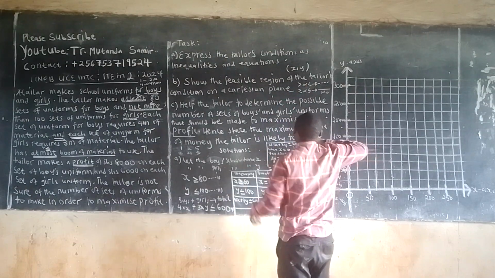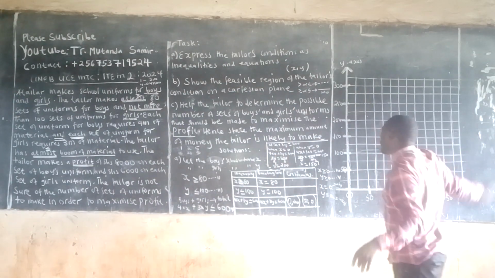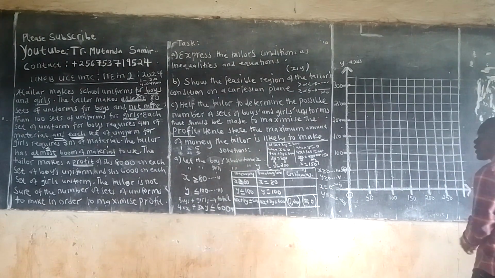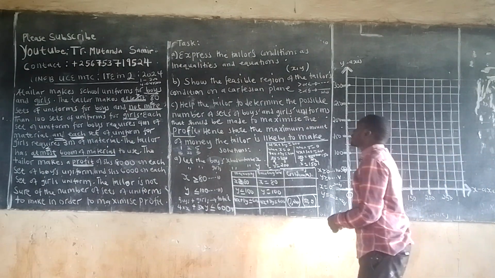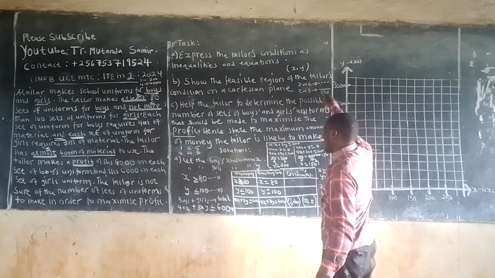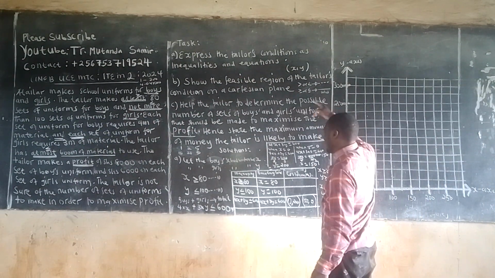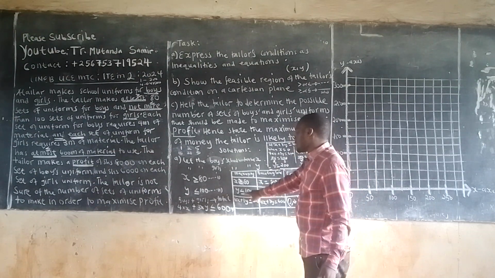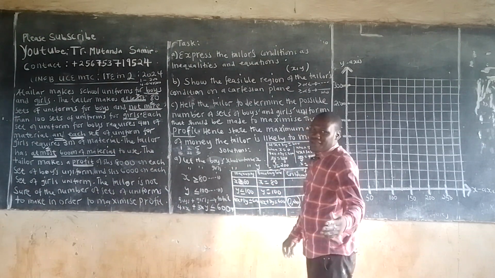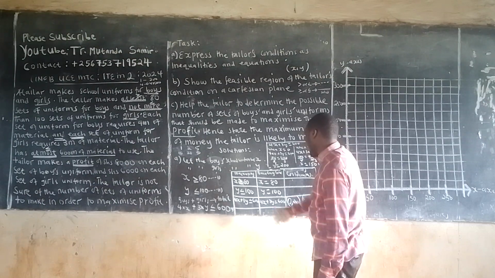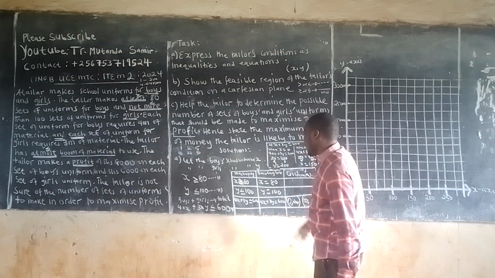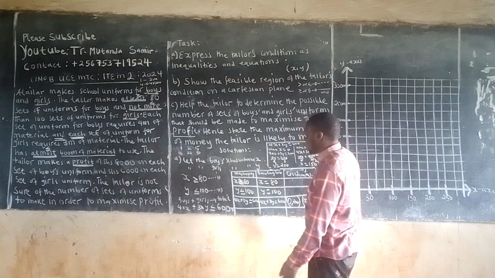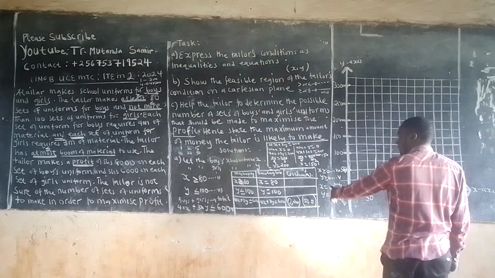Without equal, it is dotted, meaning that our lines will be drawn straight as either dotted or solid. Solid means just a thick line like this. But from our work, this will be solid, solid, solid. The numbers they brought here required only solid lines, so you're a bit lucky. Don't forget, even these ones are solid.